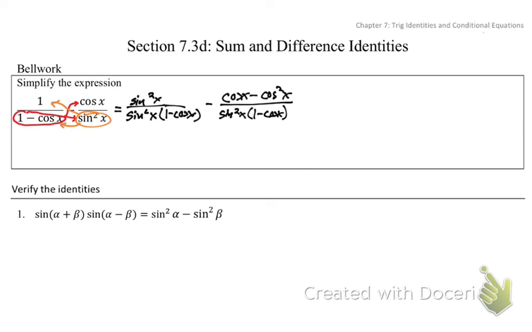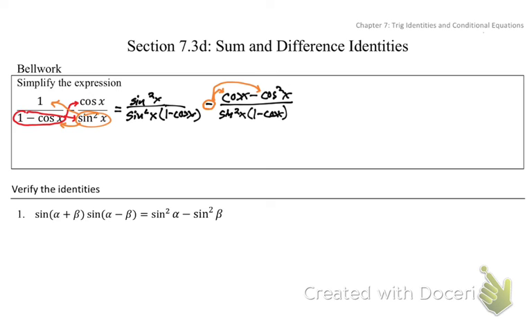Now, the thing that's going to trip you up here is you need to realize that this negative affects both of our numerators. So this negative is going to give me a negative cosine x, but it's going to give me a positive cosine squared when I push these things together. If you don't realize that, this problem's not solvable at this stage.